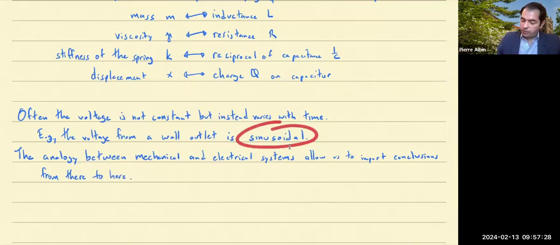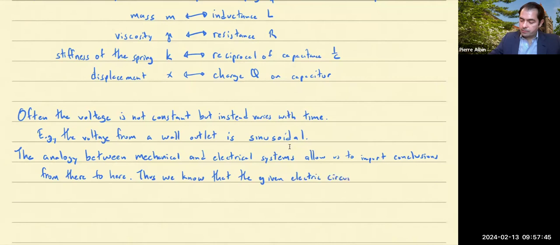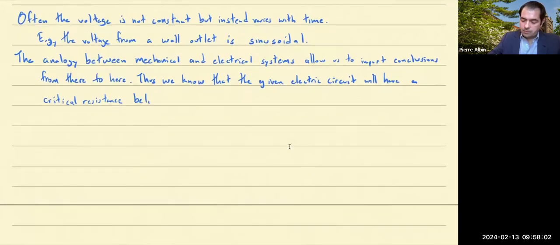So for example, sticking with the case where the forcing function is periodic, we know that the given electric circuit will have a critical resistance below which the free behavior of this circuit will be vibratory with a certain natural frequency.